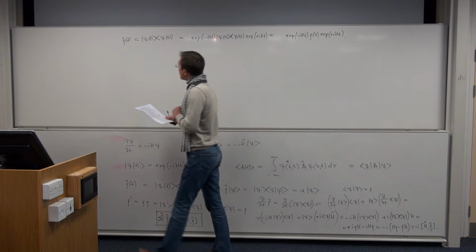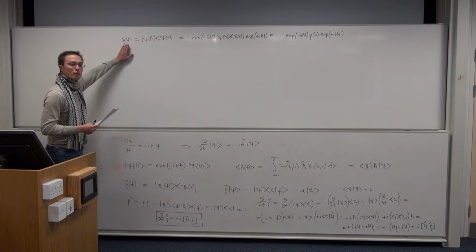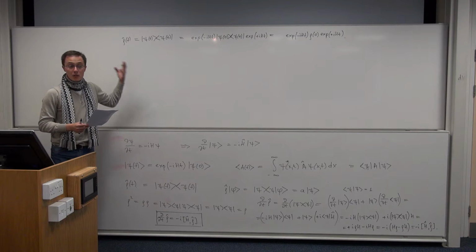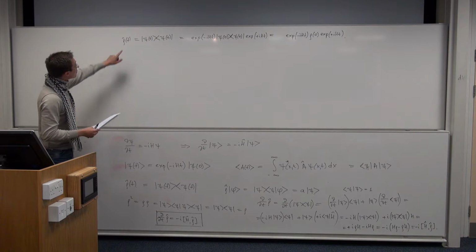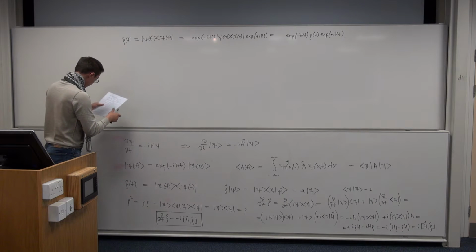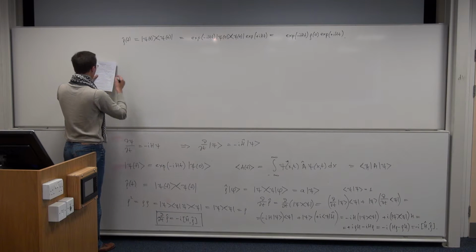Now, one other remaining thing that we need to find out is how do we extract information from here. That is, if we have an observable with an operator, we knew it was psi a psi to get the observable, but how do we do that for the density matrix? So, for that we'll need a bit of an index play.